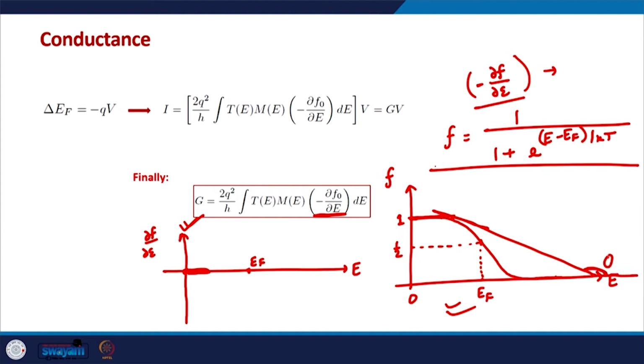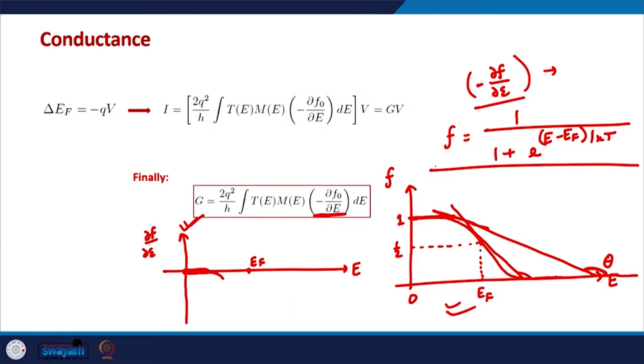This angle theta is greater than 90 degrees, so the gradient is negative. Initially the gradient was 0, then it starts becoming non-zero and negative. At this point the gradient is negative but with high magnitude.